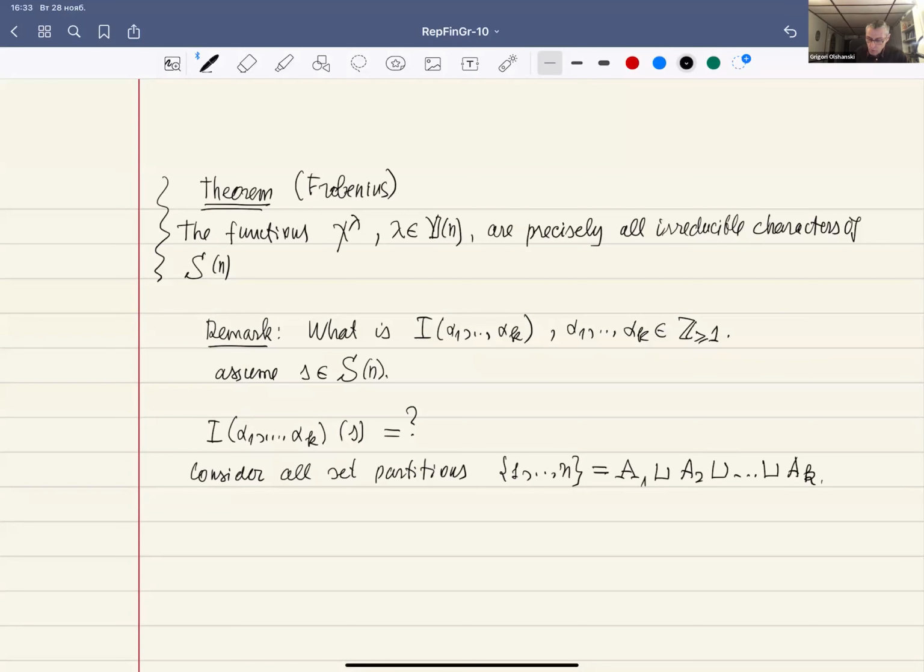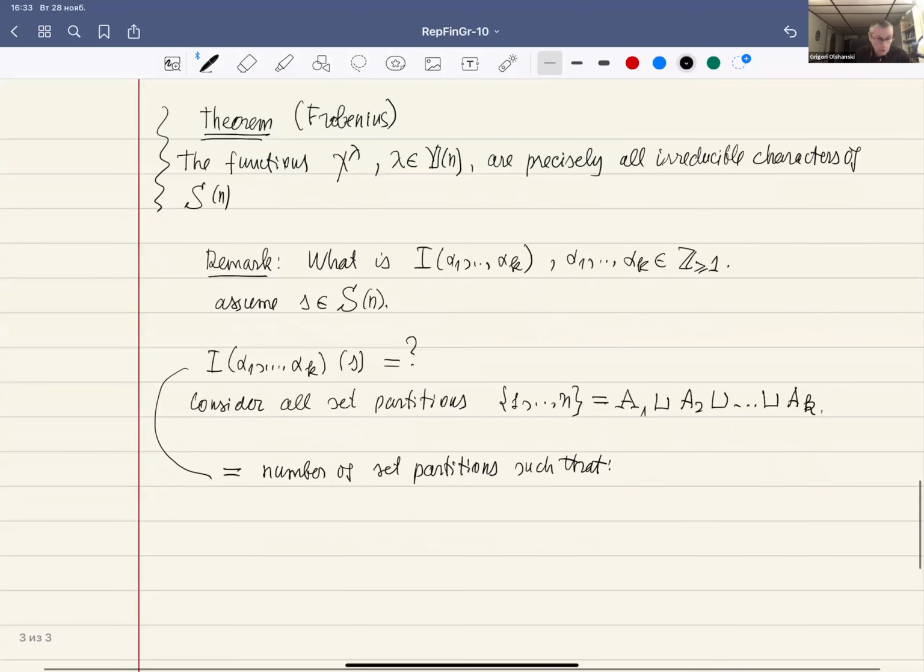This is a set partition, and this number is equal to the number of set partitions such that the size of block number i is equal to this number, and next, our permutation preserves these blocks.